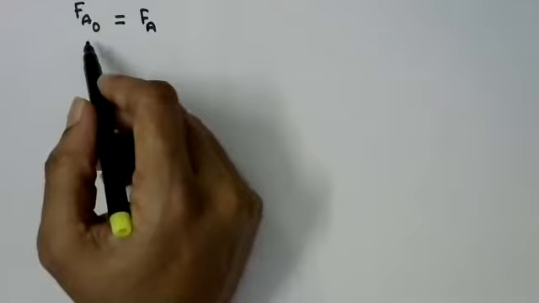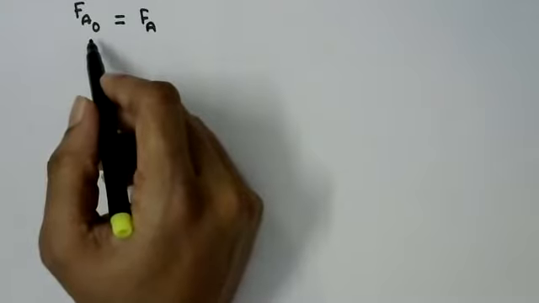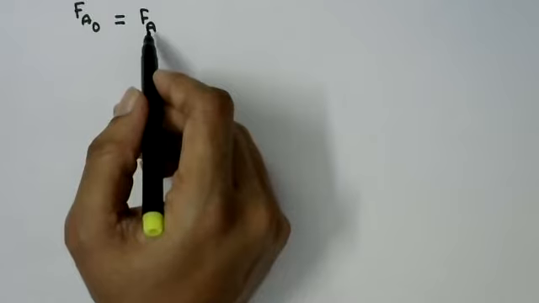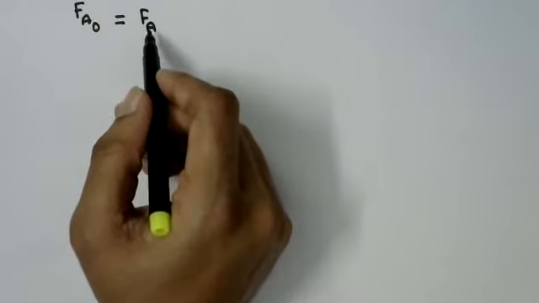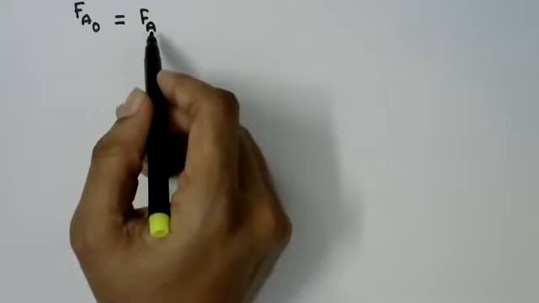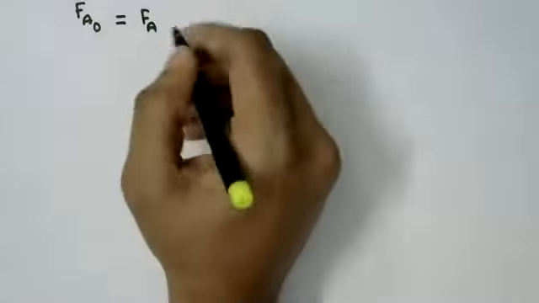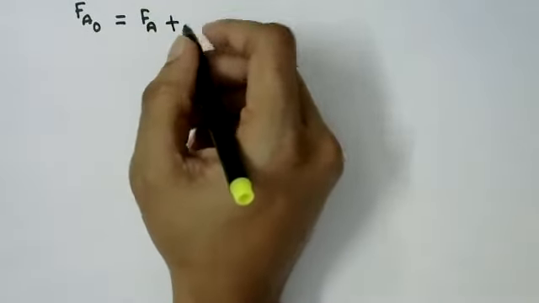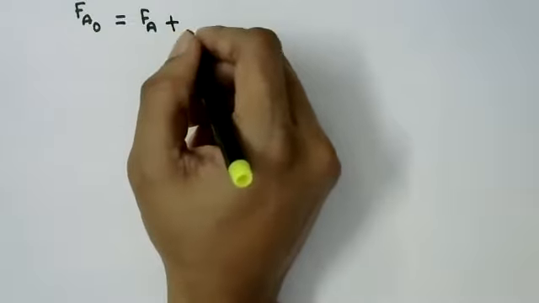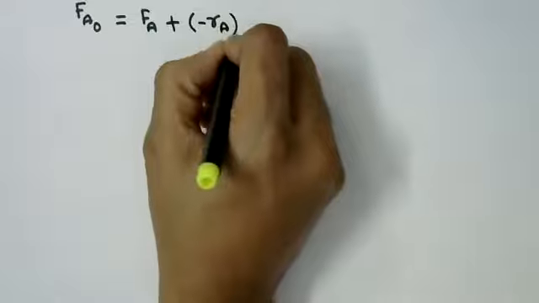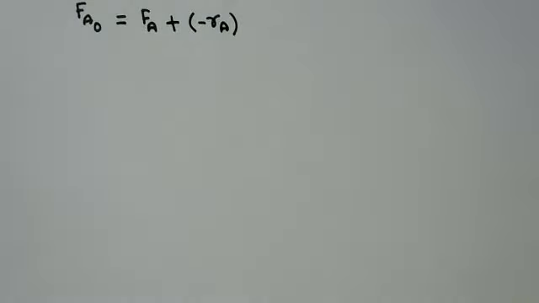FA0 is the molar feed rate of component A, FA is the molar flow rate of the reaction mixture coming out of the reactor having component A. You are aware that the unit of the rate of reaction is mole per liter per second.